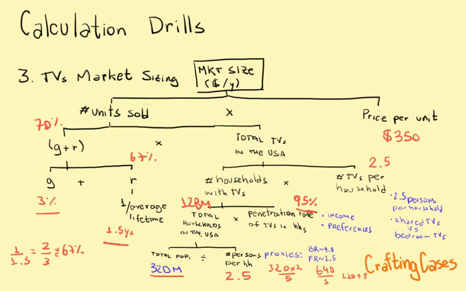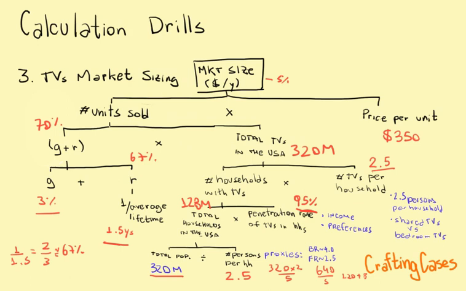Next, 95%. Well, this seems a little bit hard. I want to ignore this 95% and I'll remember to subtract 5% of this in the end. Now 128 million times 2.5 TVs per household. Well, this is fortunate. 320 million TVs times 70%.